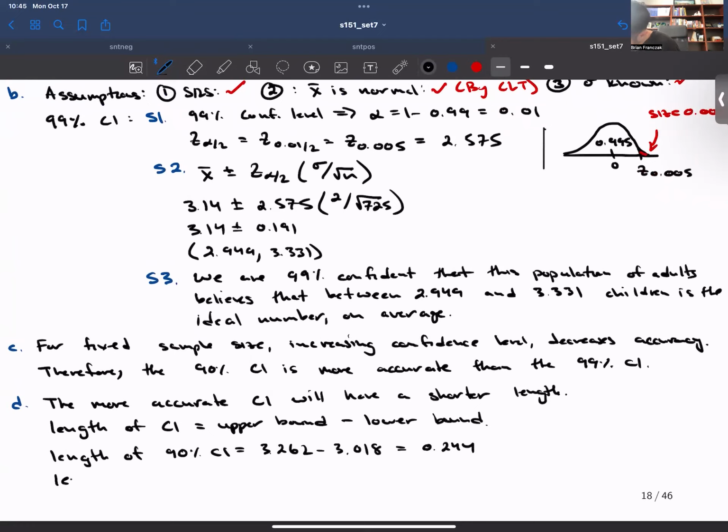And the length of the 99% CI is equal to 3.331 minus 2.949, okay, which is 0.382.